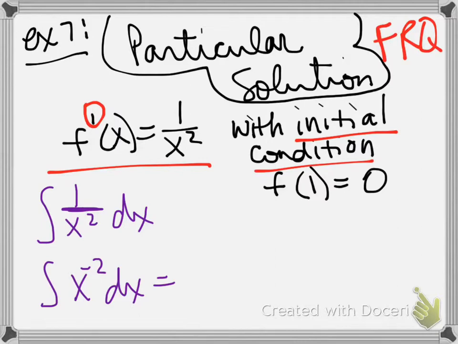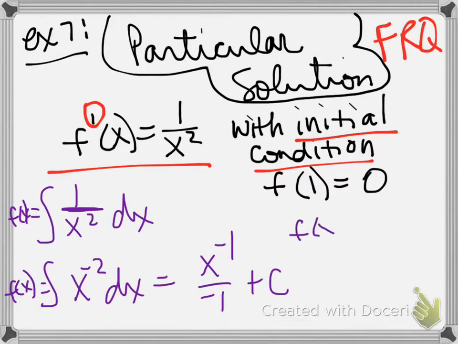And to integrate that, I get x to the negative 1 over negative 1, plus c. Now what I should say about this is that this is really equal to f of x. Okay, so my f of x is now negative 1 over x plus c. Went ahead and simplified this just a little bit.